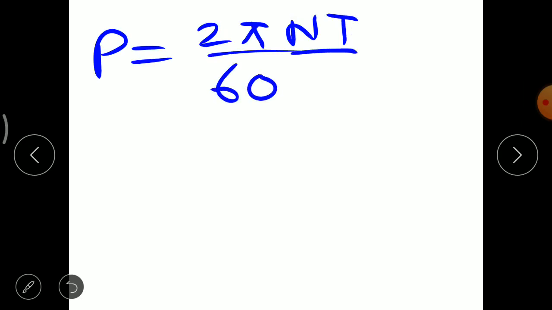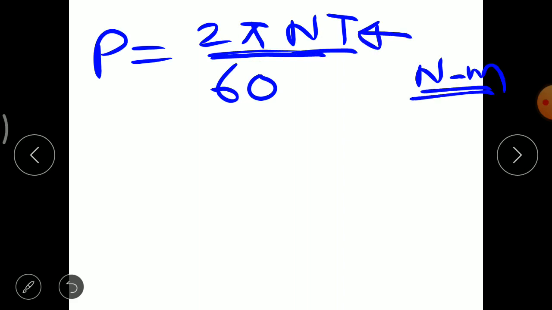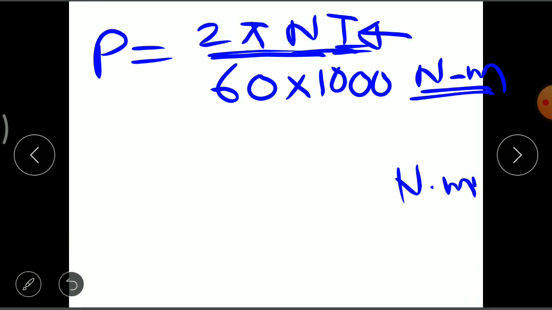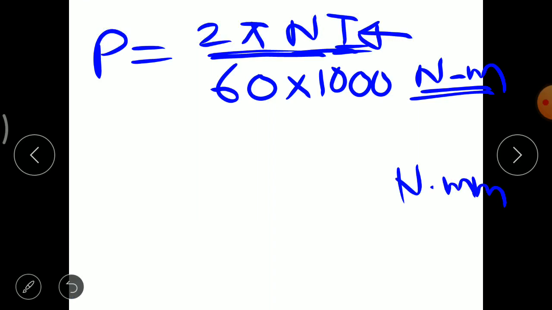When we use this formula, the torque is in Newton meter, but we need it in Newton mm, so we will multiply by 1000 and we will get T in Newton mm. So you don't need to convert after getting the value of torque by 10 raised to 3.